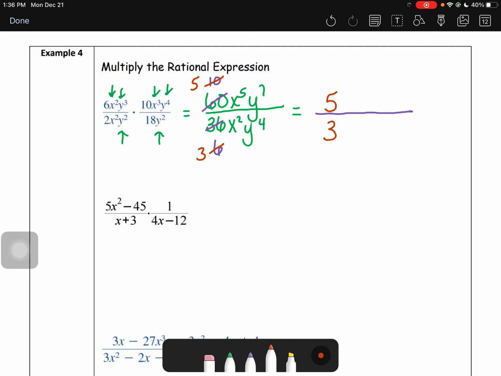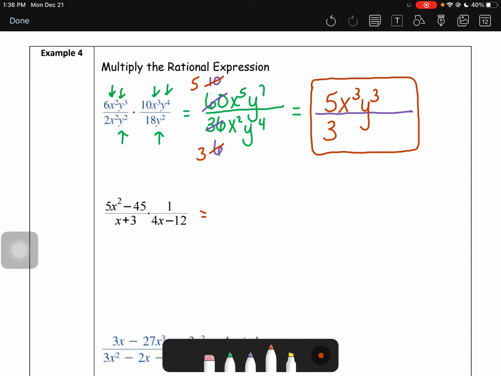So I have x to the 5th on the top and x squared on the bottom, and when I simplify that, if I take 2 x's away from the top, I would have x cubed. And then the y to the 7th and y to the 4th, I'd have a y cubed left. So in this example, I multiplied first and then I simplified.